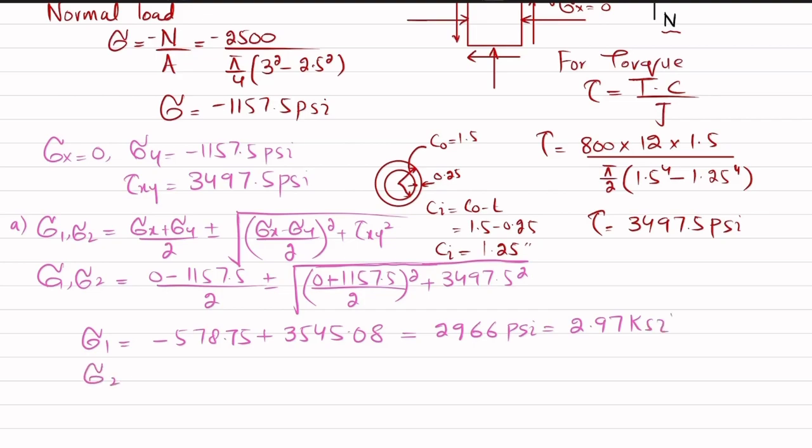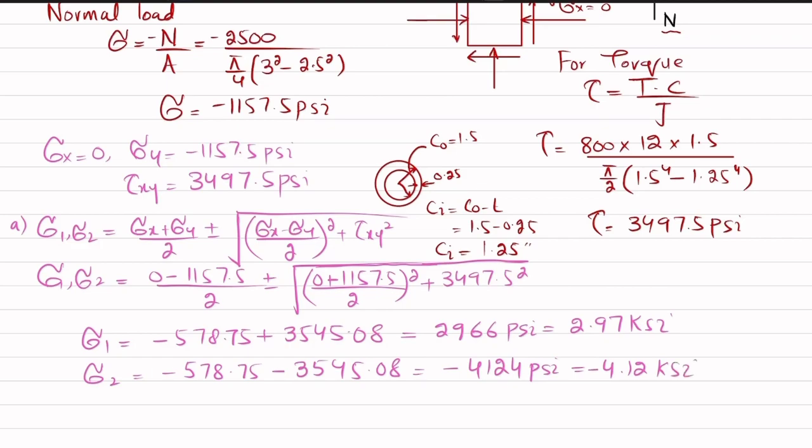Similarly, sigma 2 can be obtained by subtracting: minus 578.75 minus 3545.08, and that will be equal to minus 4124 psi, or you can say minus 4.12 KSI.